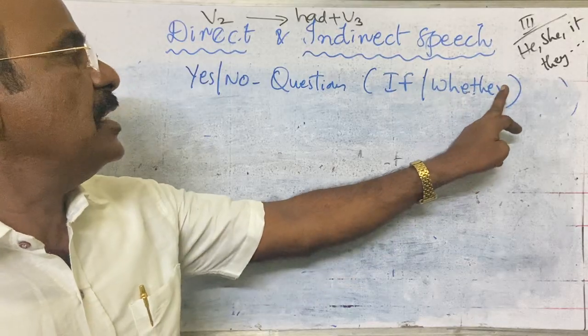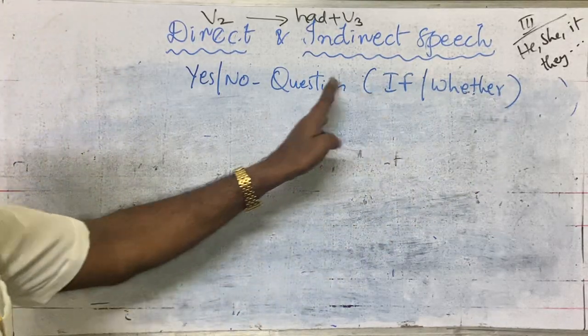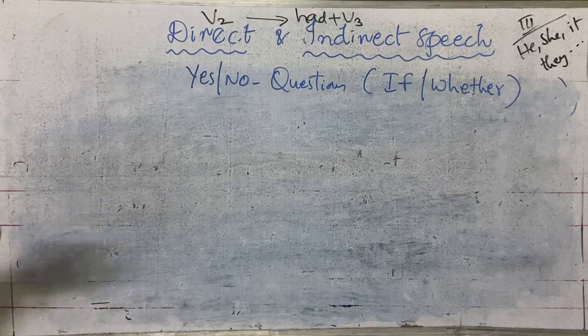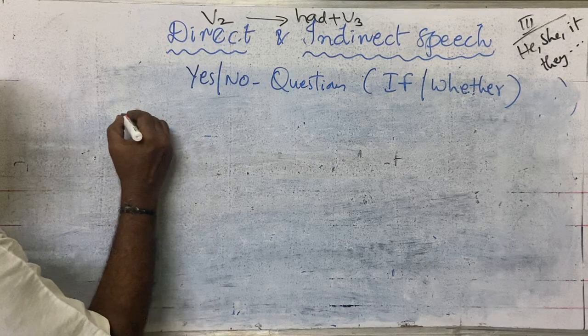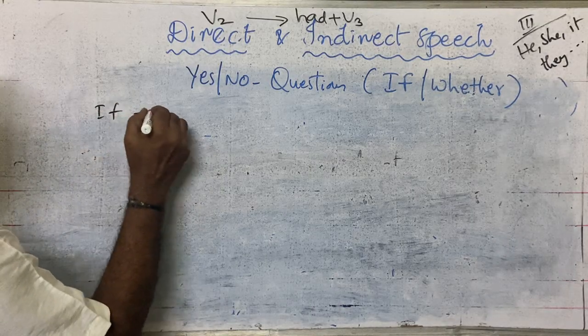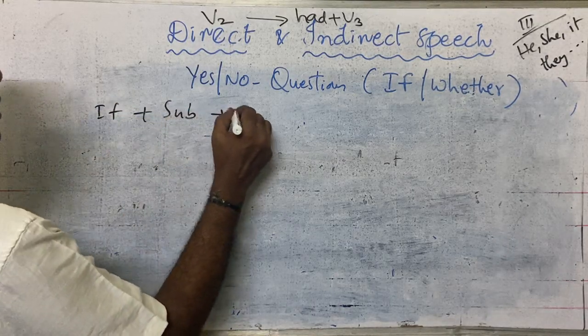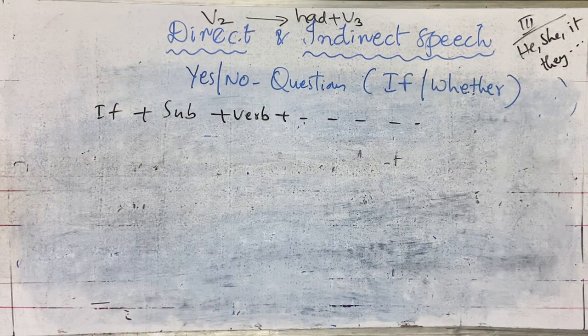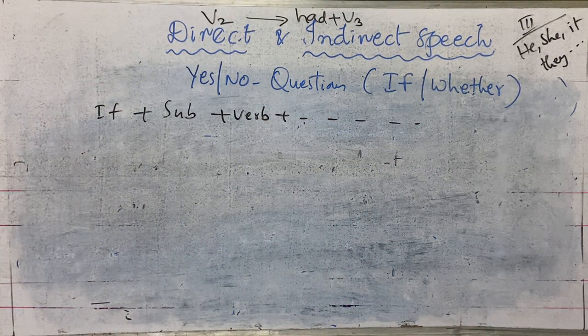This is whether, which we can use here as the conjunction. So how should the sentence be from the conjunction onward? If or whether, plus subject, plus verb. Like this the sentence will go from the conjunction onward.